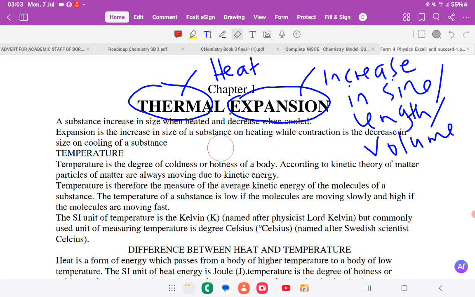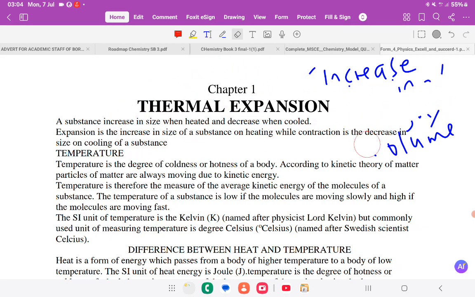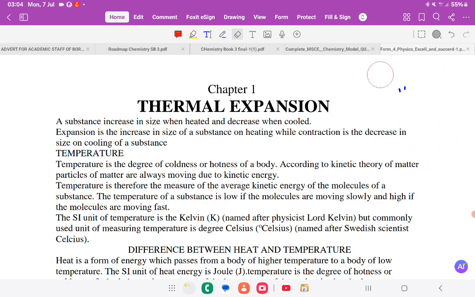And of course, thermal contraction or contraction is a decrease in size on cooling of a substance. So we are saying that a substance will increase in size when heated and decrease in size when cooled.